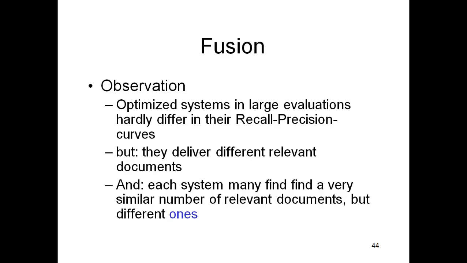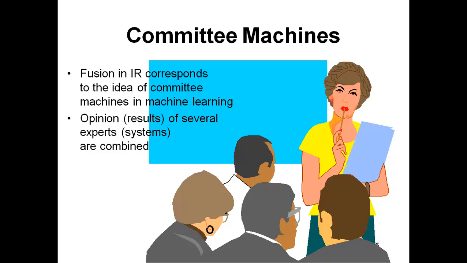Fusion algorithms are positive. Here it's again the text for that. And this is related to so-called committee machines, typical algorithms where several algorithms work together, like in machine learning. We have different experts.